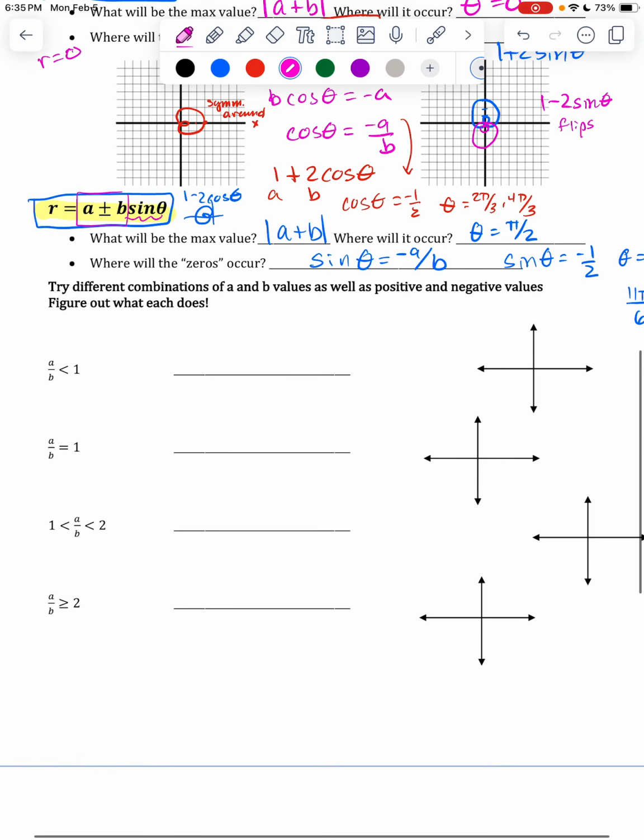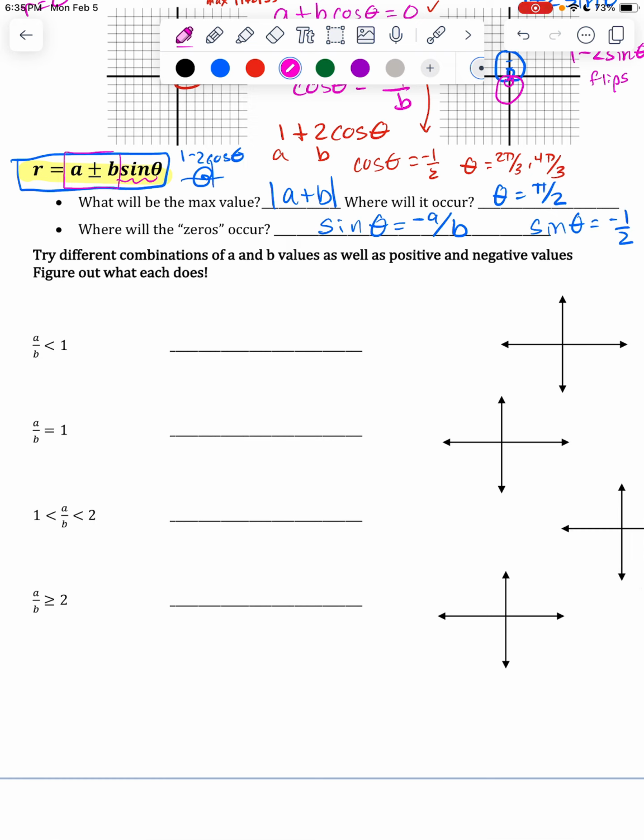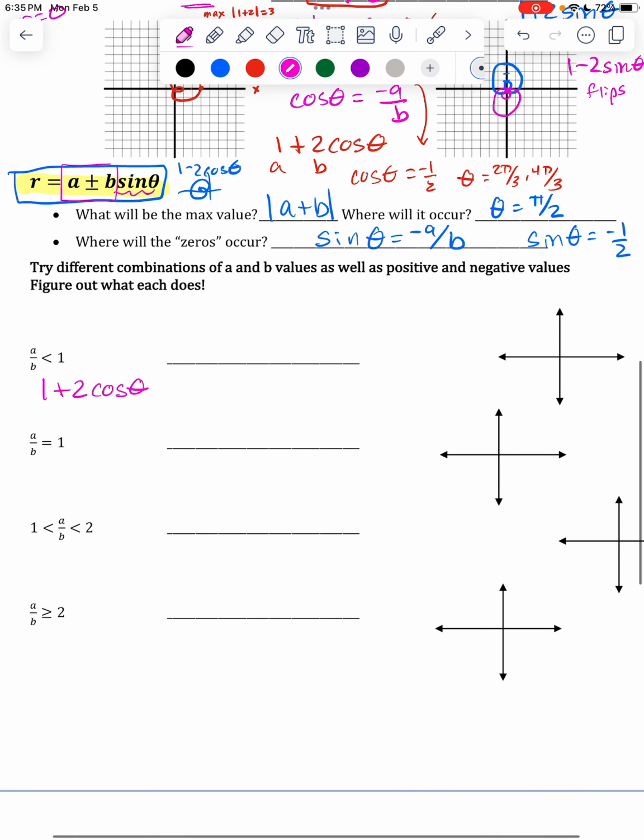All right, so let's try a couple different things on your calculator so that we can just kind of figure out what happens because this changes. Let's say our ratio of a over b is less than 1. We already had that. We had 1 plus 2 cosine theta. When we did that, we ended up with a true limacon, and it has a loop in it.